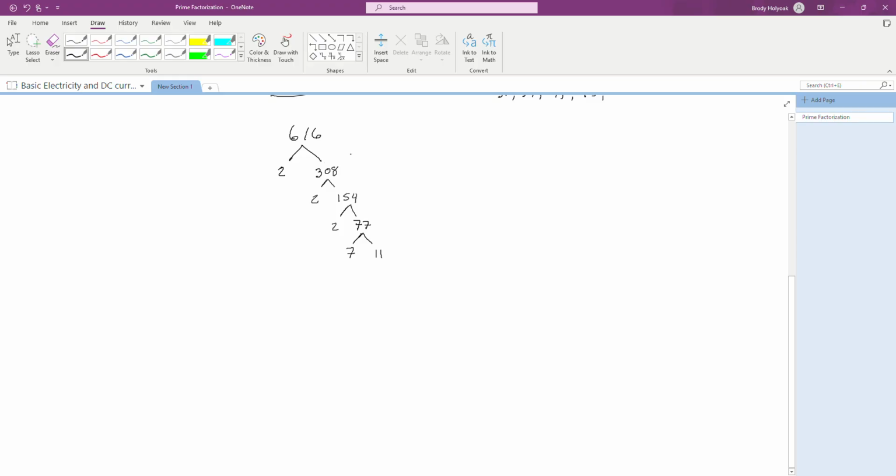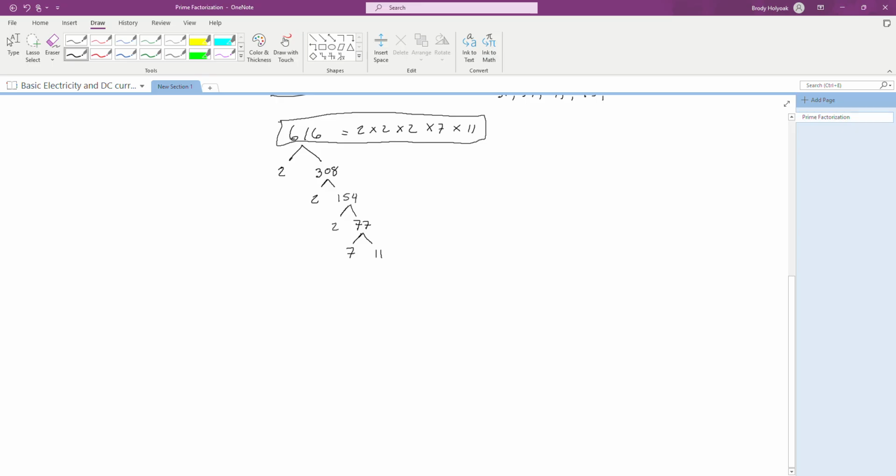So 616 is going to break down into all of these factors multiplied together. So I get 2 times 2, so there's the second one, times 2, which is the third one, times 7 times 11. So there is my prime factorization of the number 616.